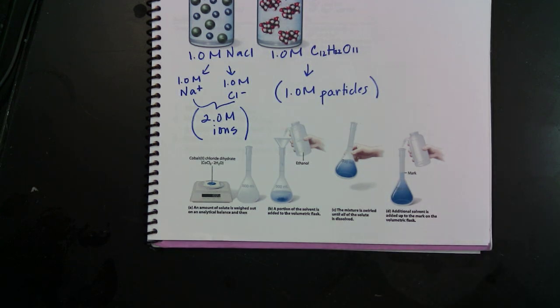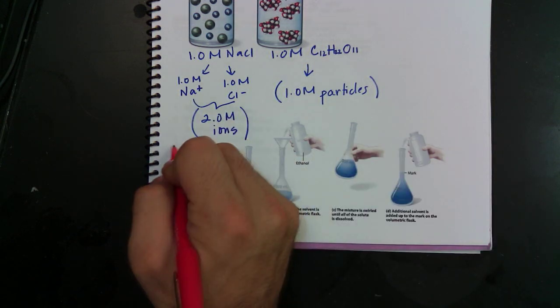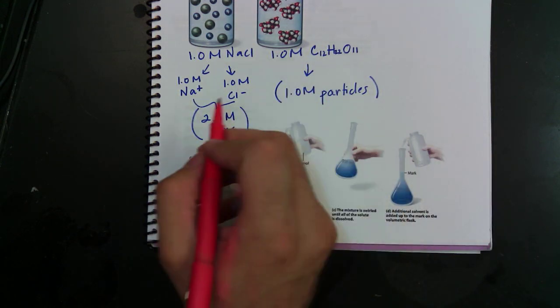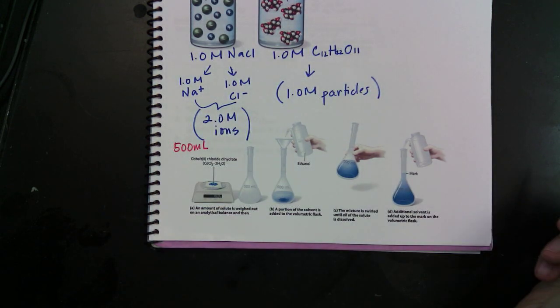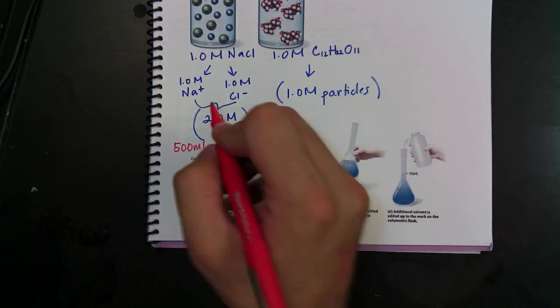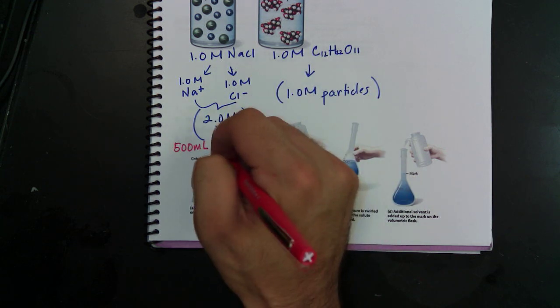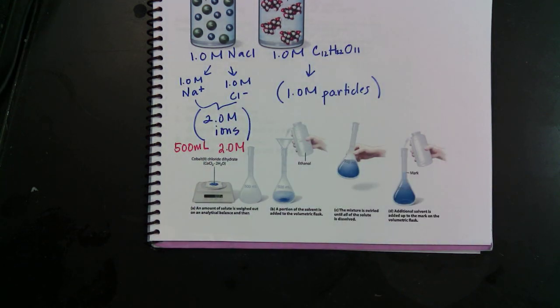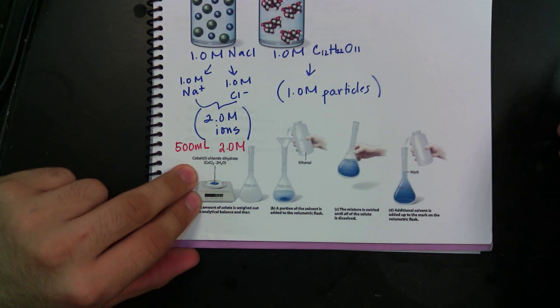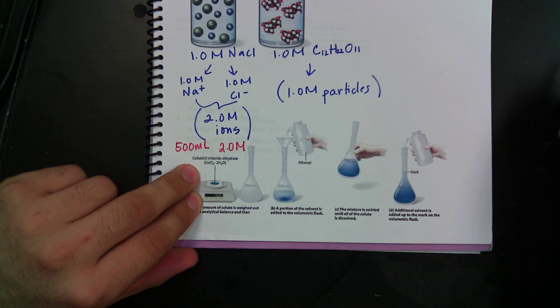If you were told that you had to create a solution with a specific volume and concentration, let's say you wanted to make a 500 milliliter solution with a concentration that is, I'm going to make up a number, 2 molar. The first thing you would have to do is figure out how much of the solute you need to mass out.